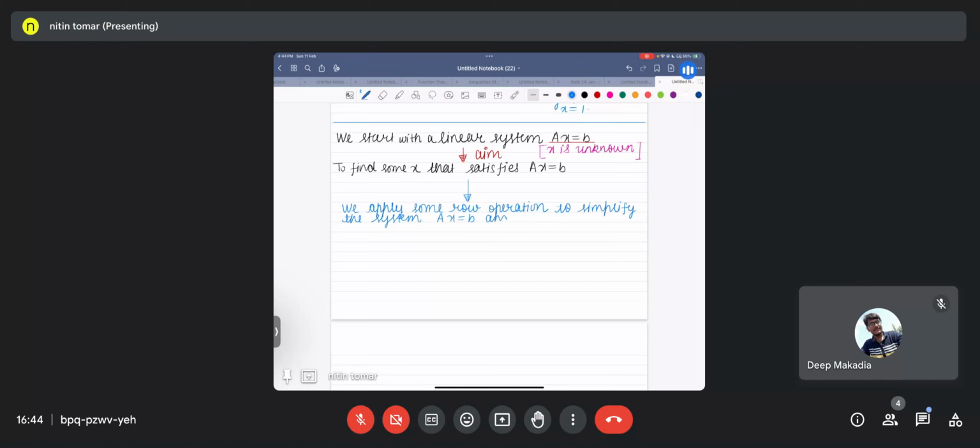And we get a new system, A tilde x tilde equal to b tilde. Or maybe I could put it as A tilde y equal to b tilde. Here y is unknown.